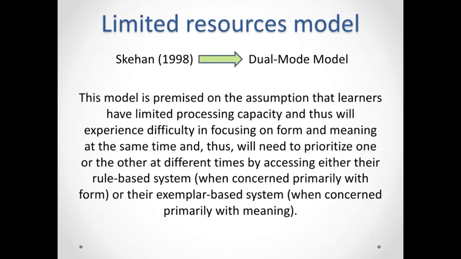This model is premised on the assumption that learners have limited processing capacity and usually experience difficulty in focusing on form and meaning at the same time, and thus will need to prioritize one or the other at different times by accessing either their rule-based system or their exemplar-based system.